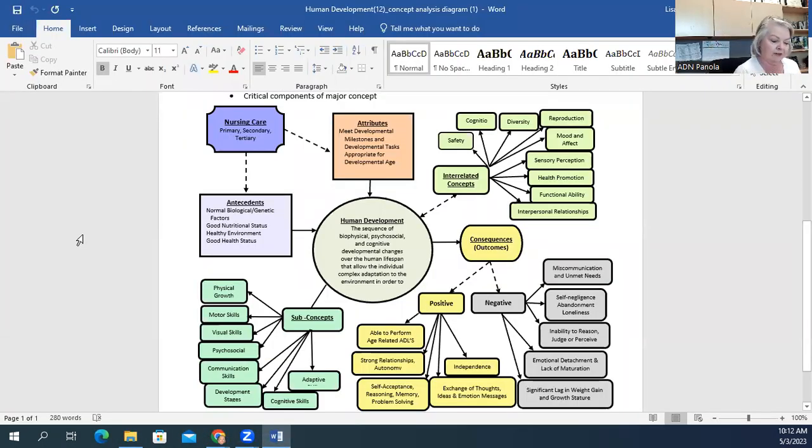Okay, so the first thing I'm going to talk about is developmental delay. And this is going to be coming from your maternity book, chapter 54.